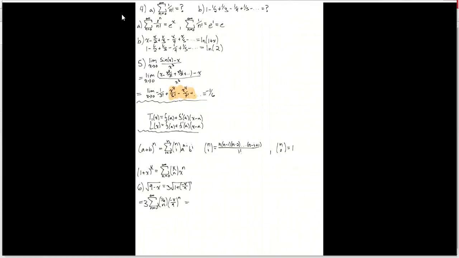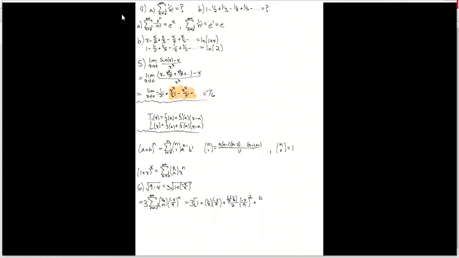3 times the quantity, and the first term we're going to get out of this is 1. Then we're going to have 1/2 times negative x over 9. Next one is 1/2 times negative 1/2 over 2, and this is negative x over 9 squared.